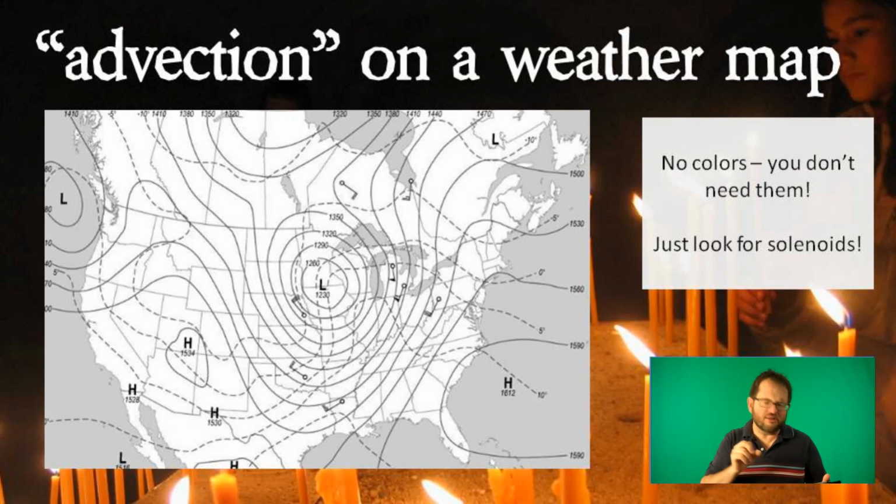You're just looking for where there are little diamonds. In this case, I don't remember which hour this happens to be in your book, but we can clearly see areas across Oklahoma and Kansas and Missouri where there are little diamonds, and other areas across Michigan and New York and so on. That's what they're looking for here. You don't need the colors, you just look for the little solenoids in the pattern.